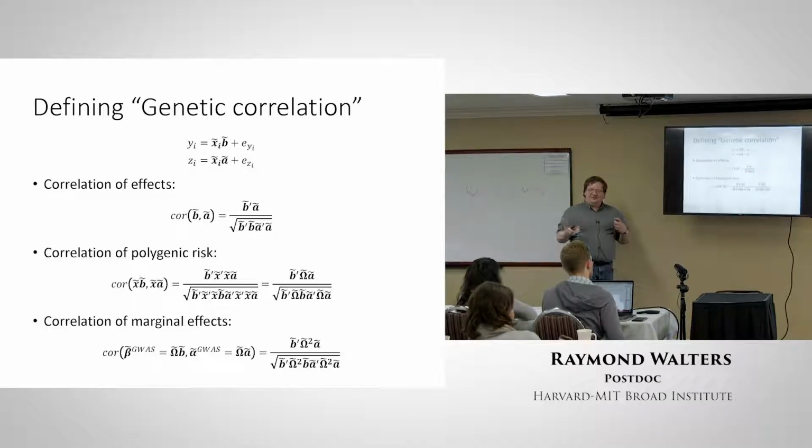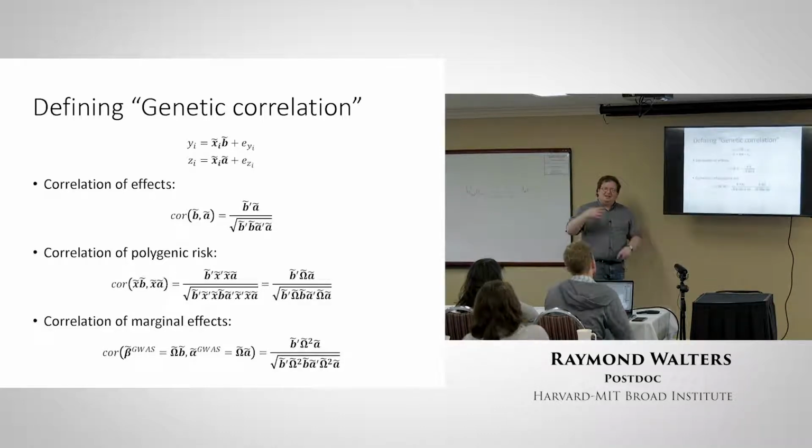Once you account for LD, you'll expect a lot of similarity: if somebody has a high genetic risk for schizophrenia, they also have a high genetic risk for bipolar, and maybe that's because they're shared loci, maybe not. We just have that observation, and we want to model that correlation. That's what this quantity is here.